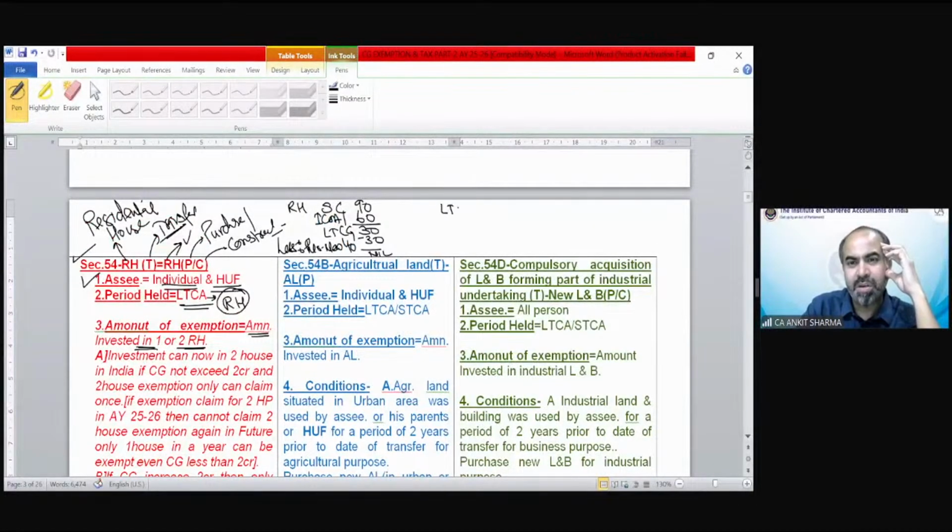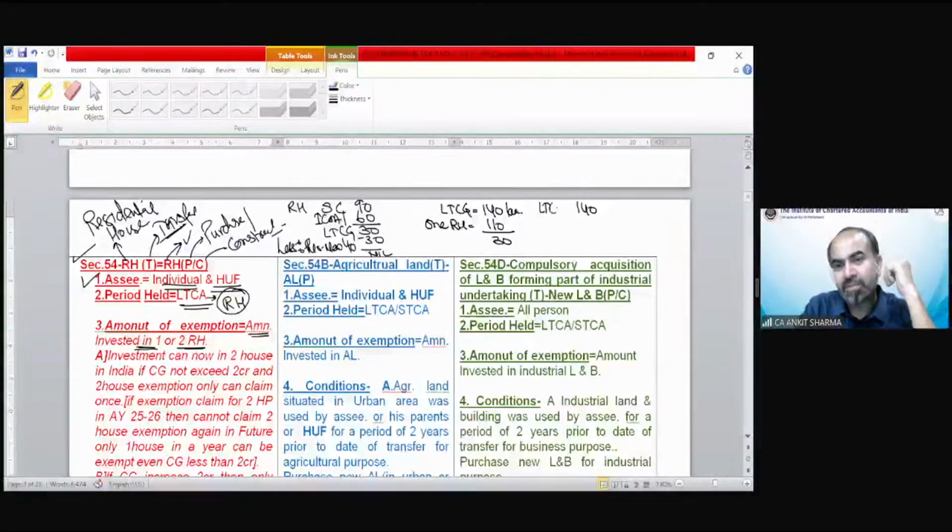Suppose the long-term capital gain by transfer of one house is 140 lakh. Clear? Now suppose you purchased only one residential house worth rupees 110 lakh. Then exemption would be 110, 30 lakh would be your long-term capital gain. Take the second scenario. Suppose 140 lakh long-term capital gain.